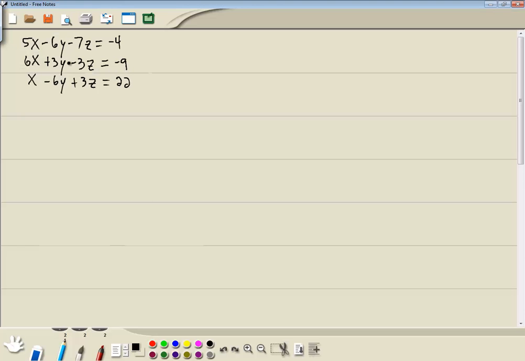Now we're going to write down the augmented matrix that goes along with this, but you can switch these equations around. For purposes of this problem, it's probably easier to put this one at the very beginning and then have these two following it.